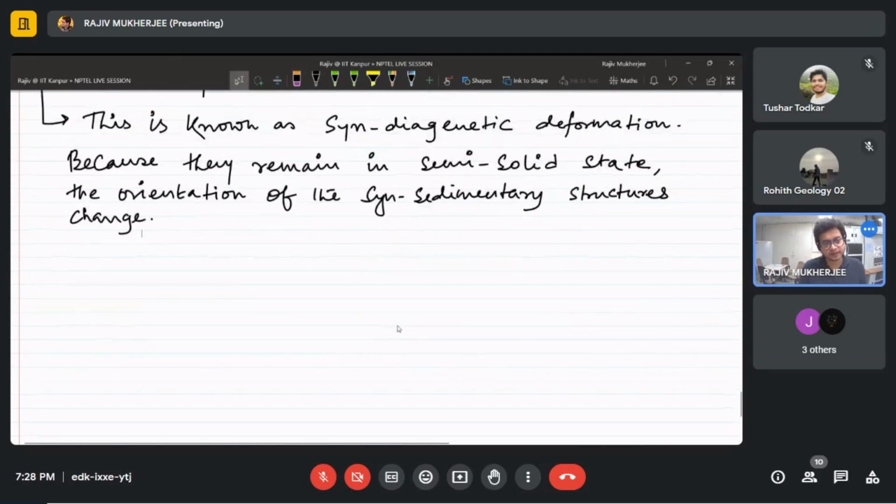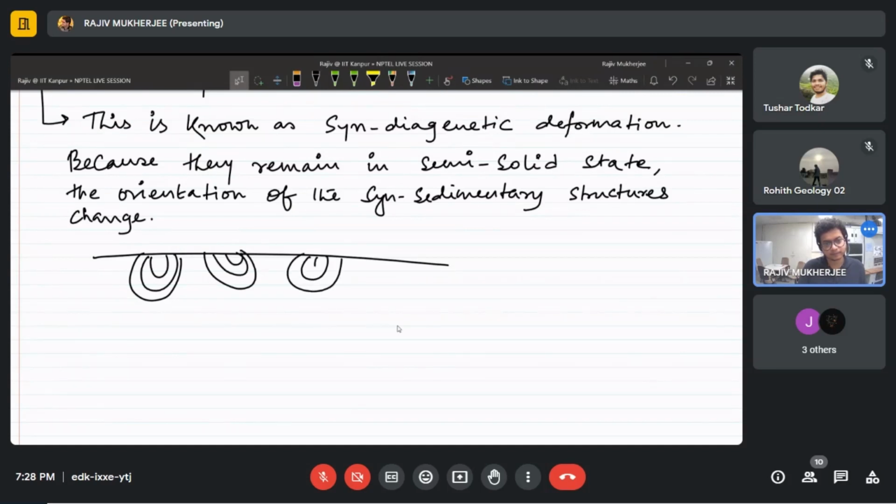So diagenetic deformation would cause something like this. If you try to draw an axis, you would see random orientations.